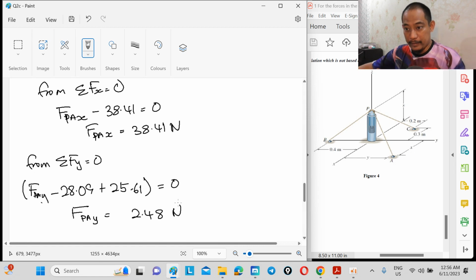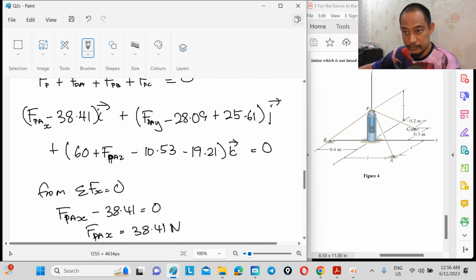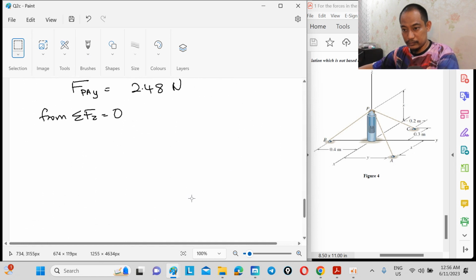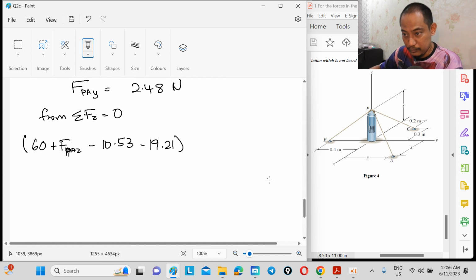Alright, and then for Fz, from summation of Fz equal to 0, what you will have is this whole thing, which should equal 0.